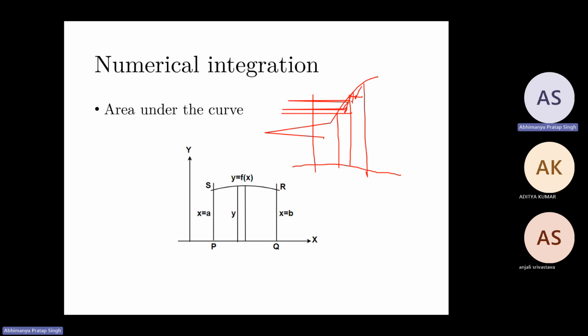Every time we are missing the area being captured by this region, so this leads to the error. Every time the missing information adds up, and eventually we get a very large error, right?